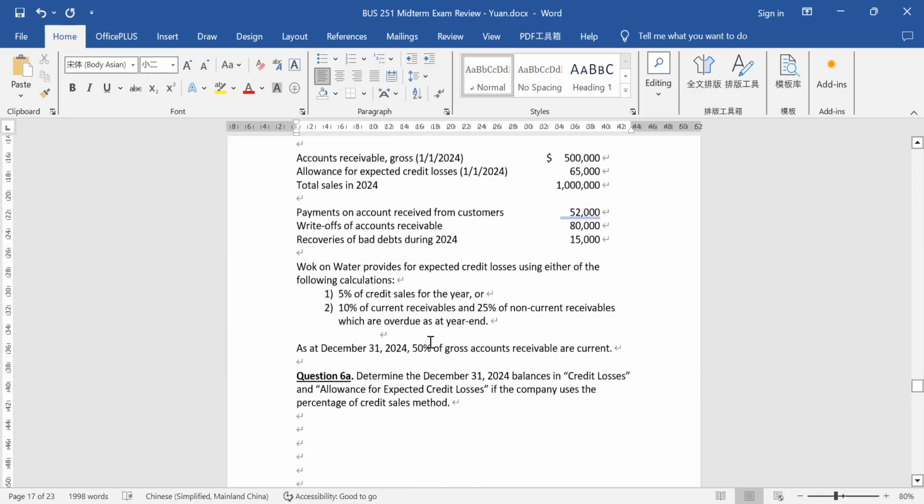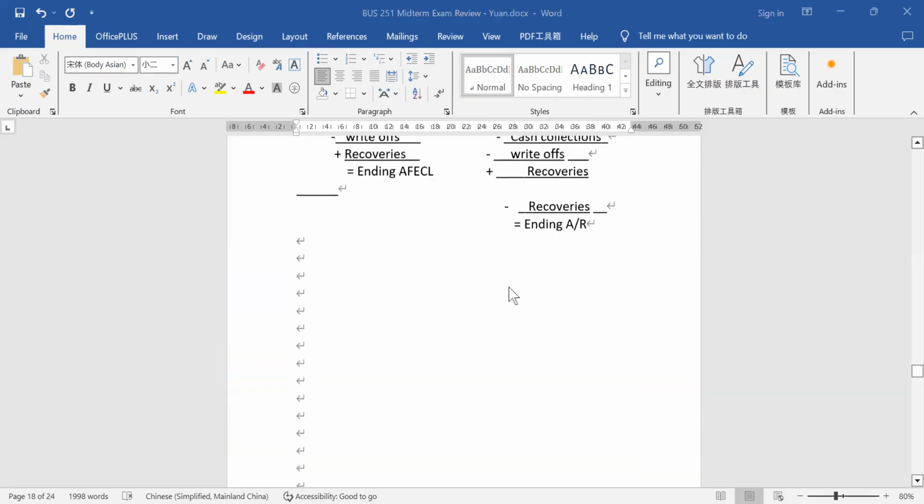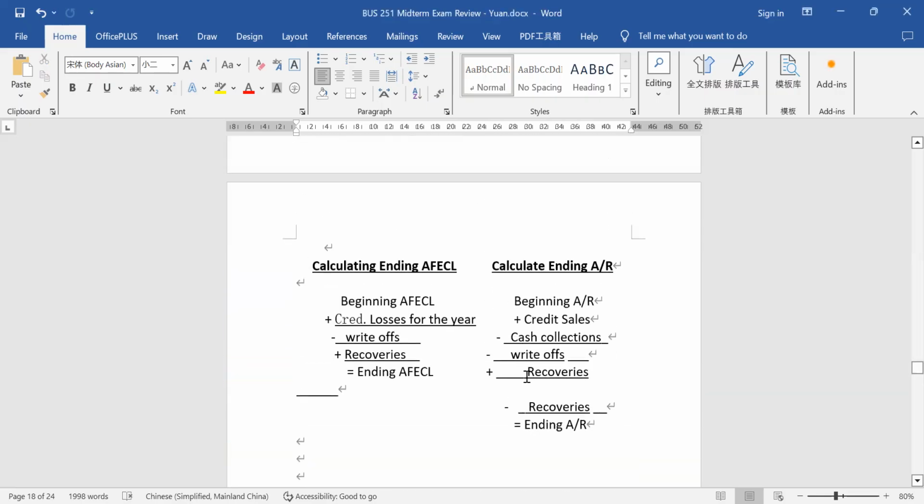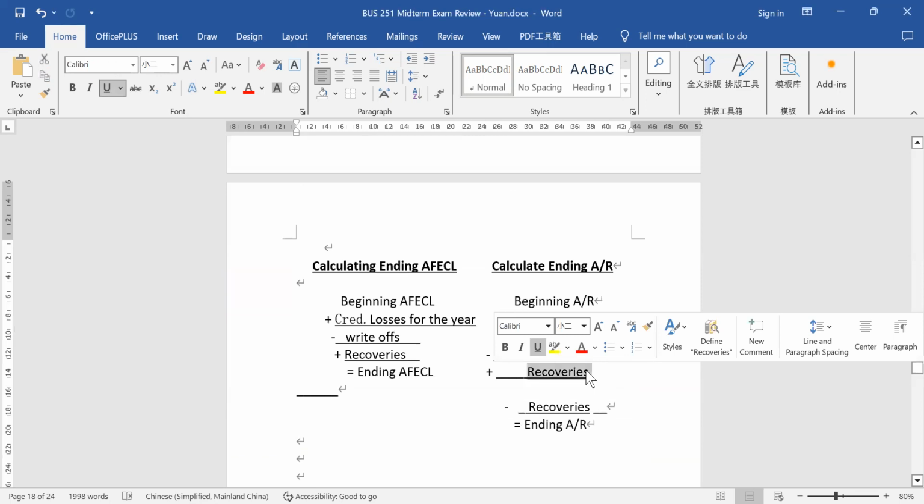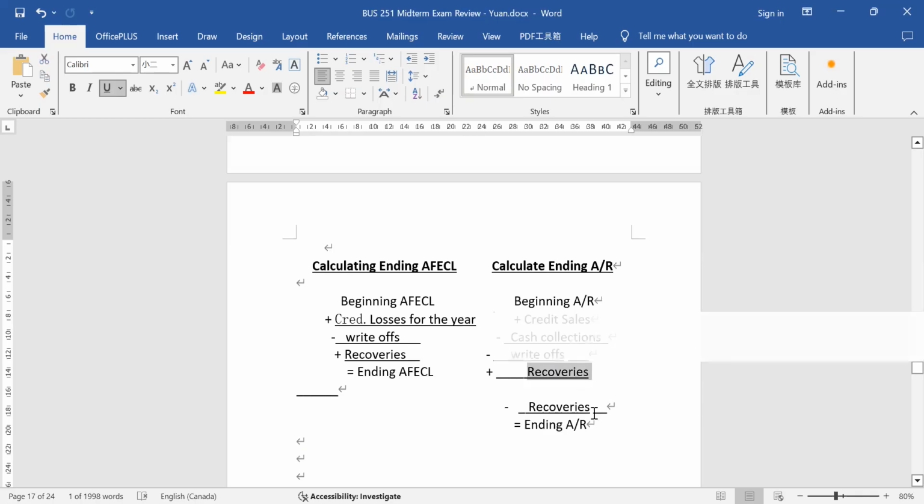Okay. The first one, Work on Water. This recovery has to be the same amount because we know that this recovery has to be added back, but at the same time we assume that we collect all the money back, like this recovery was paid out.